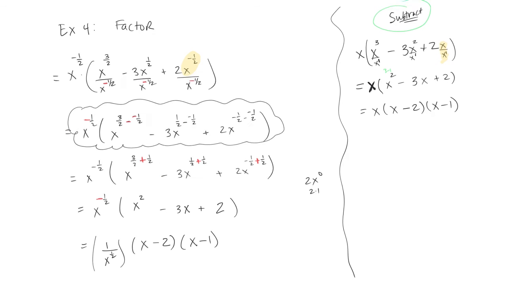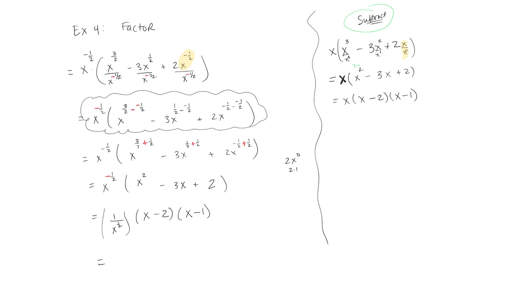And so then we could be left with x minus 2 times x minus 1 all over x to the 1/2. Now I think on some of the homework it will be okay just to leave it with this x to the negative 1/2.